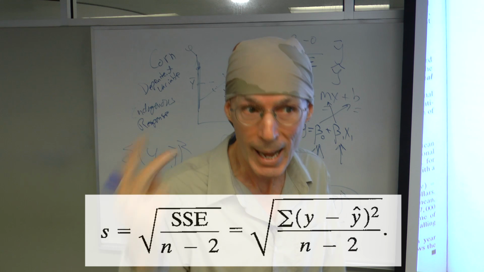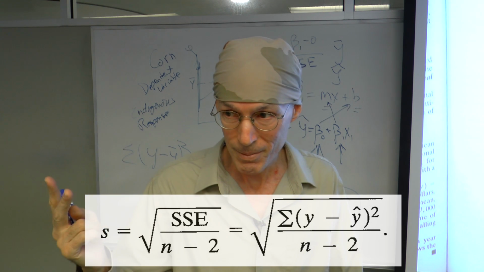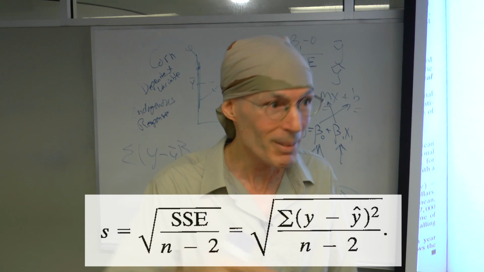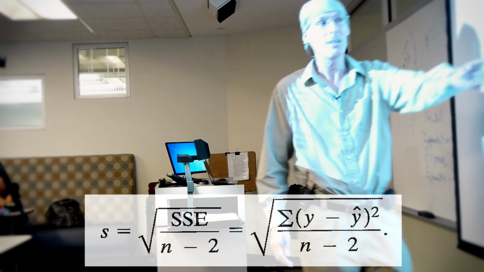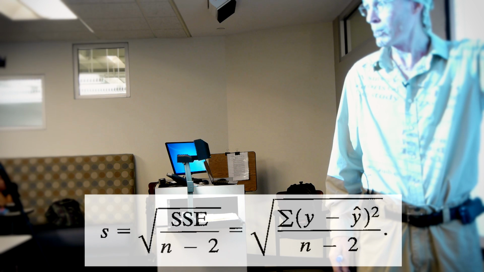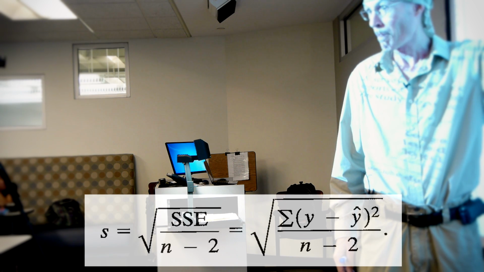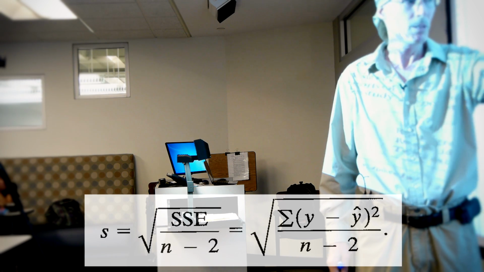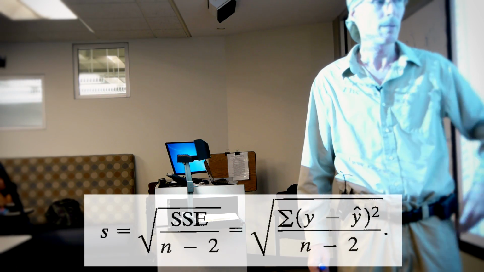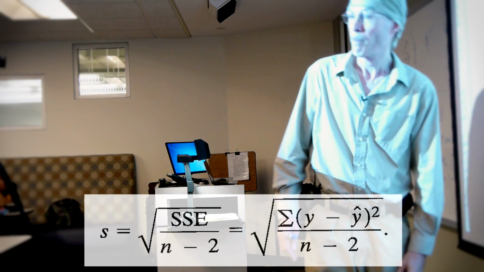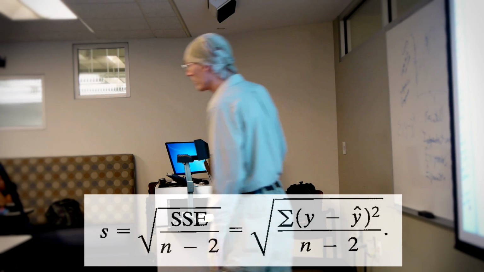But for a y hat you need how many? 2. You have an intercept and a slope. Does everyone understand? So this y hat has 2 other statistics buried inside of it. So how much other information did you need in order to calculate the deviations around that? You needed n minus 2 extra pieces of information.